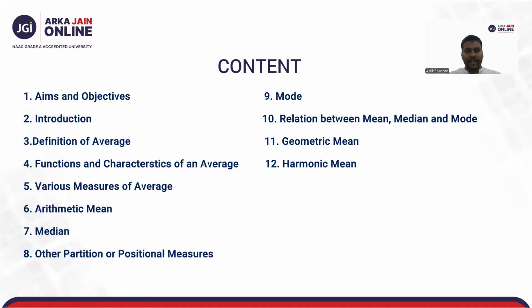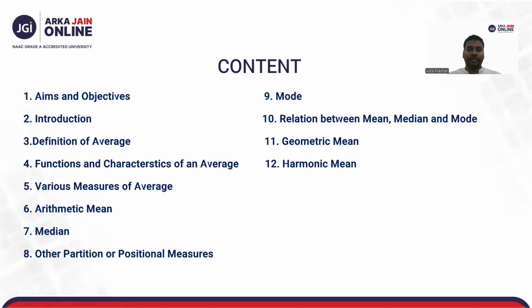As far as content is concerned, it consists of 12 points. It starts with aims and objectives, then introduction and definition, what actually an average is. All these things we are going to cover in the definition part. After that we have functions and characteristics of an average. What are the different functions of an average, what kind of characteristics, all these things are going to be covered in point 4.